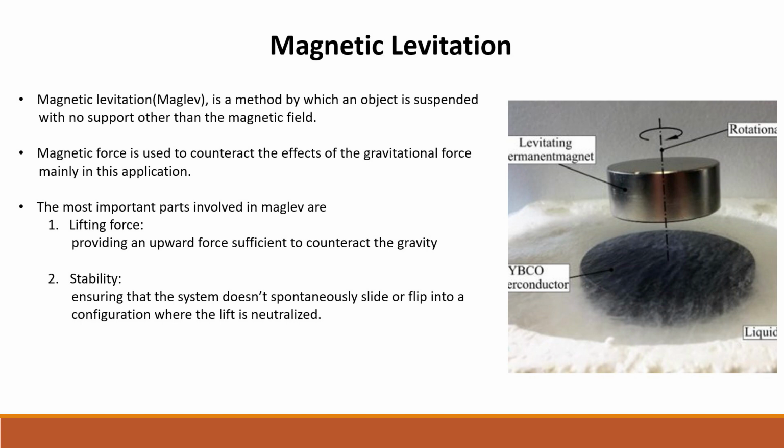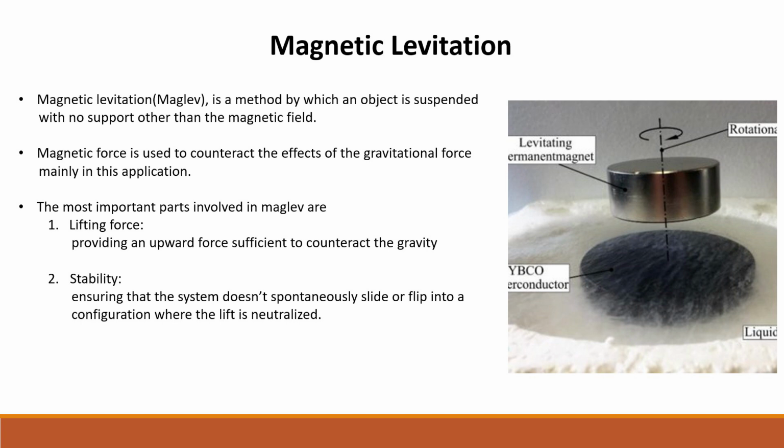Then first, I want to introduce magnetic levitation. Magnetic levitation, which is maglev, is a method by which an object is suspended with no support other than the magnetic field. One example of magnetic levitation with a superconductor is in the right picture.